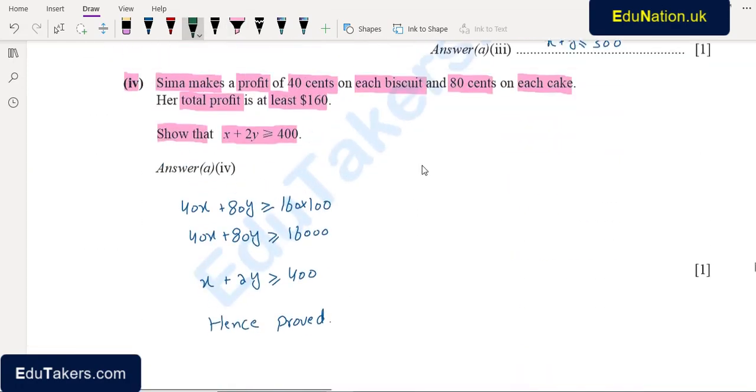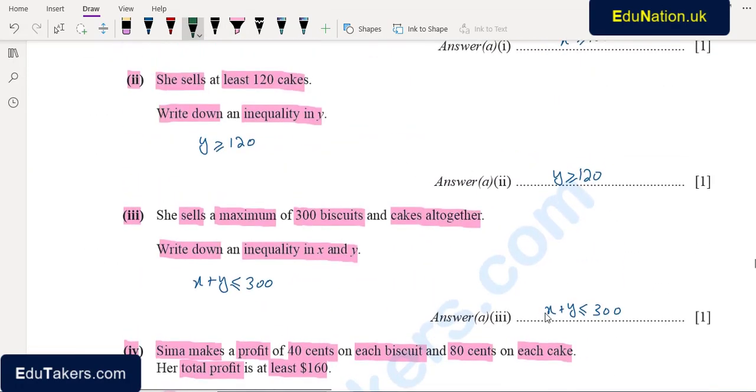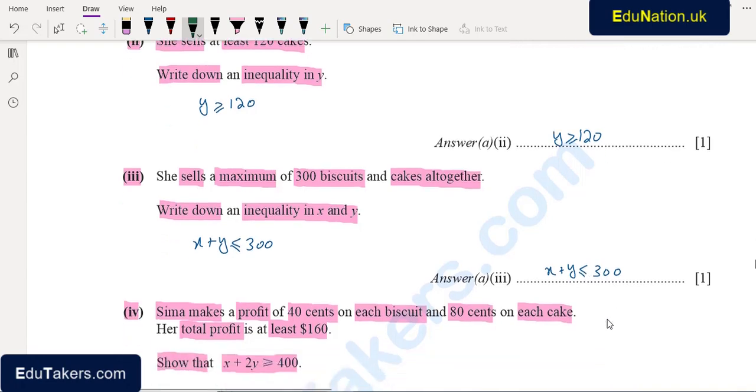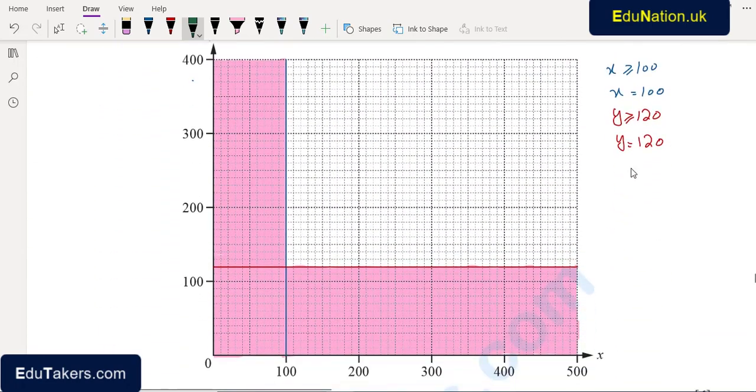Next inequality is x plus y is less than or equal to 300. Equation for this in standard form will be y equals minus x plus 300. Y intercept is 300 and its gradient is -1. So if I take it 100 units down, then it will be 100 units right.